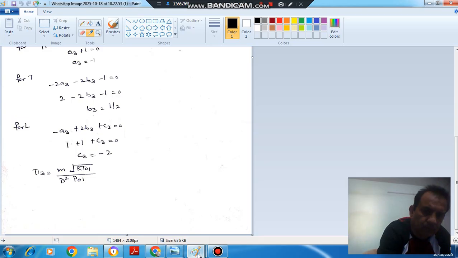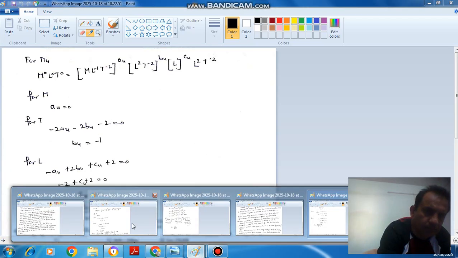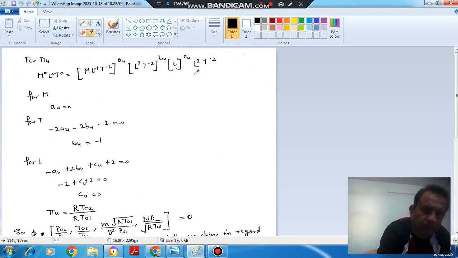Now for pi 4, the variable is L squared T minus 2, which means RT02. Following the same procedure, A4 will be 0, B4 will be minus 1 and C4 will be 0, and we'll get pi 4 as RT02 by RT01.